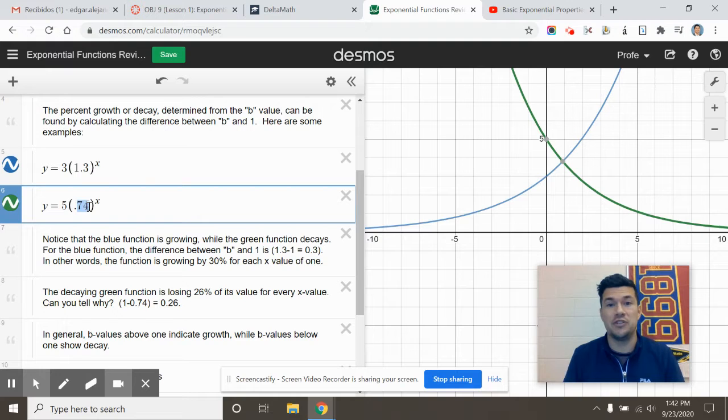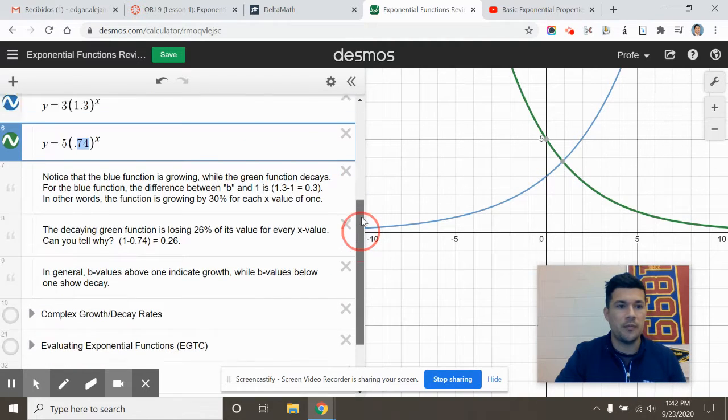Its difference from 1 is 0.26. That difference, however, is a decrease, so this function is losing 26%. In other words, it's decaying 26%. Regardless, your b value is a clue as far as how much you are decaying or growing. So that's how the b value works.